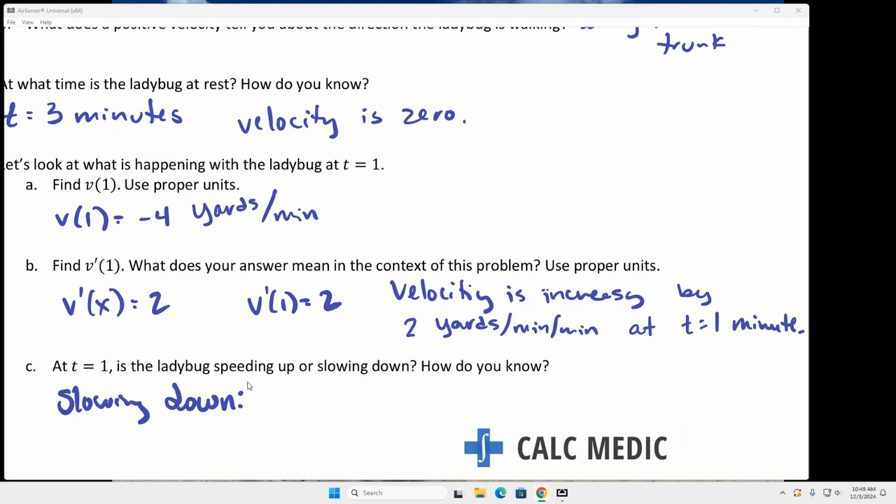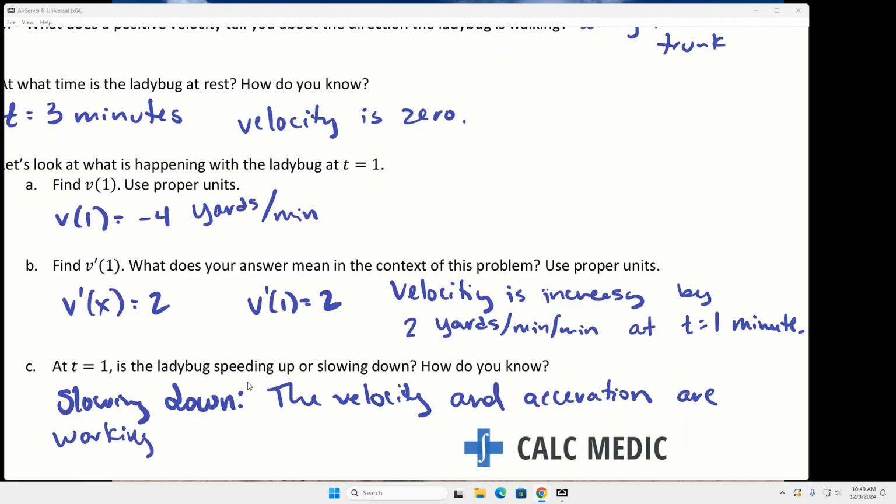So the reason the ladybug is slowing down is because the velocity and acceleration are working against each other. All right, and we'll get a little bit better wording with that on your note sheet.